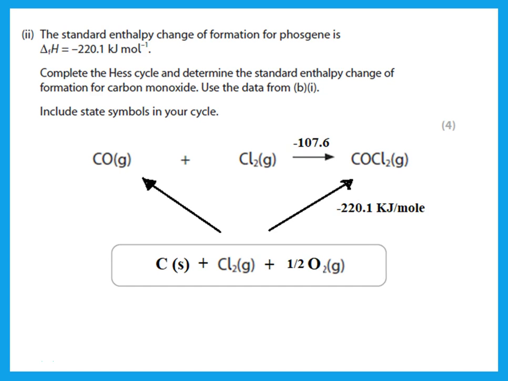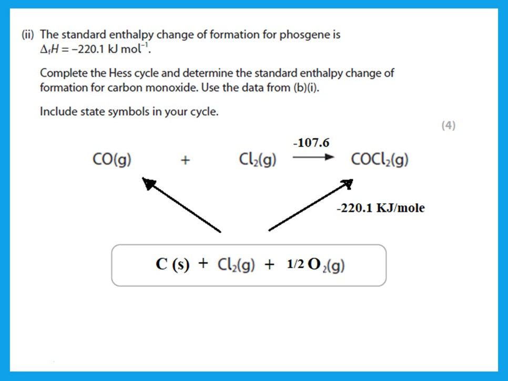But then he gives me what? He gives the delta H for the formation of phosgene. So it is that arrow going up on the right, that is the formation of phosgene from its elements. He gives me that number, minus 220.1. And we have the data from the previous question that this reaction, its delta H was minus 107.6.